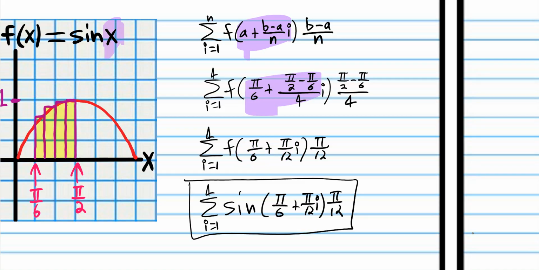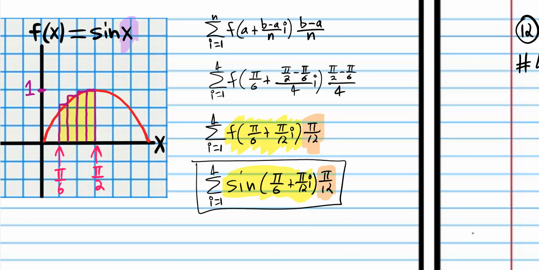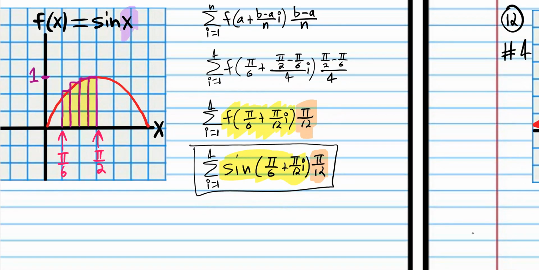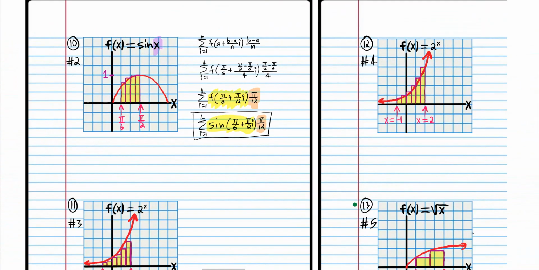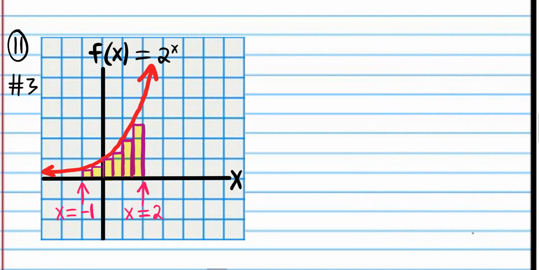So this expression here is exactly the same as this expression. The only difference is we're actually identifying what f is. So this is the input of the function. Okay, let's try another one.